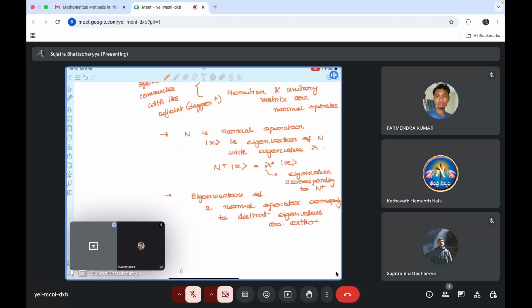These things we have seen, right? Both for unitary matrices and all others, we have already seen this. So there is nothing much new about this. Okay, fine. I think that's all.